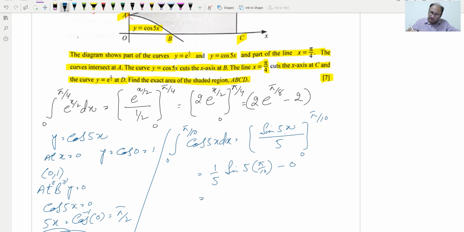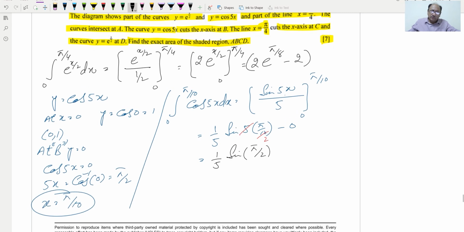We can cancel, 5 twos are 10, so this is 1 by 5 sine pi by 2, which equals 1 by 5 because sine pi by 2 is 1.